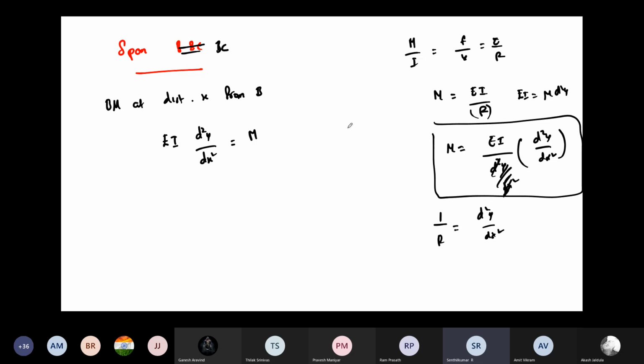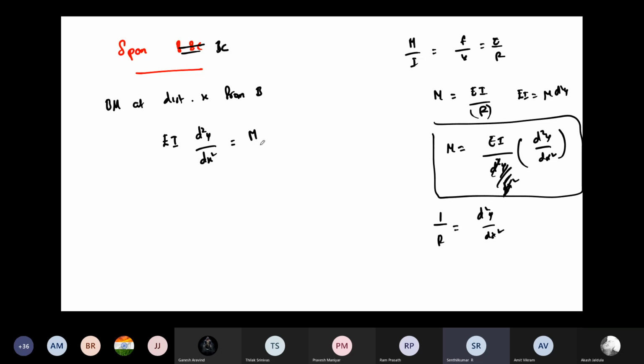The same equation you have used for the double integration method as well as Maxwell's theorem, which you might have done in previous semester. So everything, the base is your simple bending theory only.